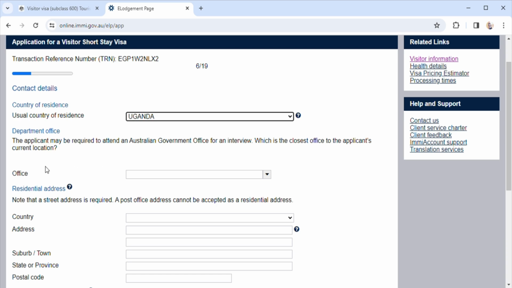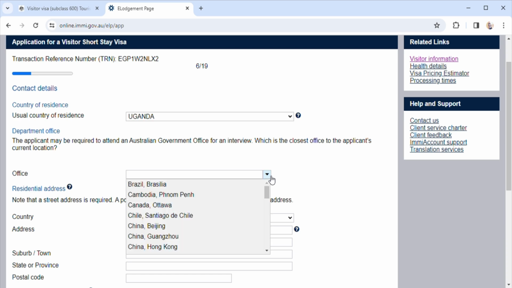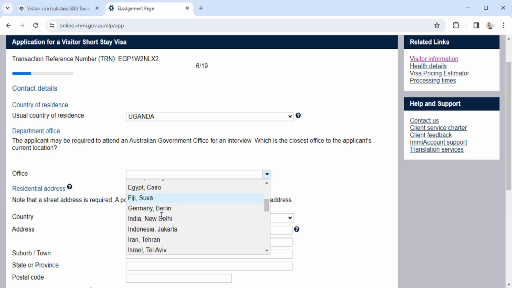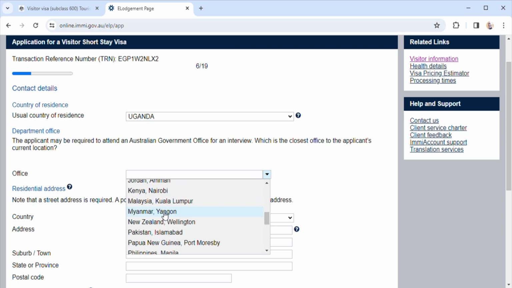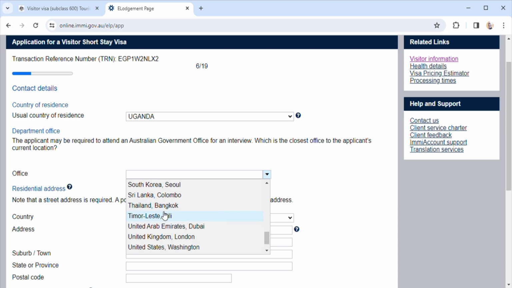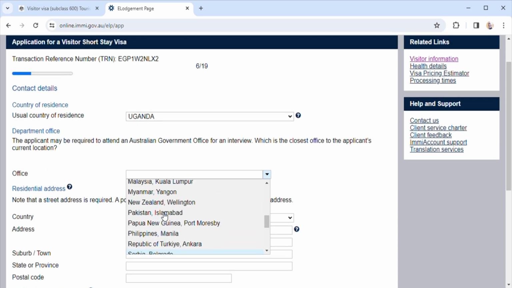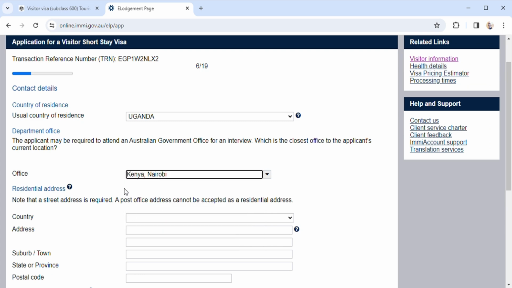If you're in Uganda, in Uganda we don't have any Australian consulate, but it's in Kenya. So when you select, they will show you the one in Kenya. So you will be entitled to go to Kenya, guys, if you're in Uganda, because in Uganda we don't have any. So you will see Kenya, Nairobi.